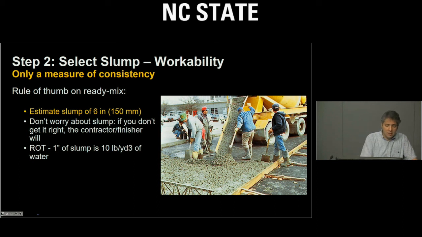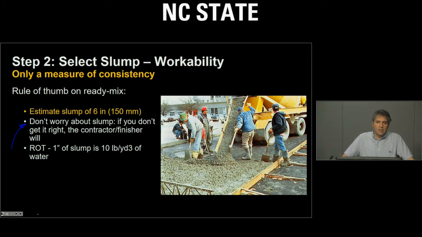I hope at this point you realize that this is a joke. Don't worry about the slump. If you don't get it right, the contractor finisher will. Meaning that if you give them a very stiff concrete, they will add water to it. You do not want that to happen. So it is very important that you realize this and provide a concrete that is workable and placeable.